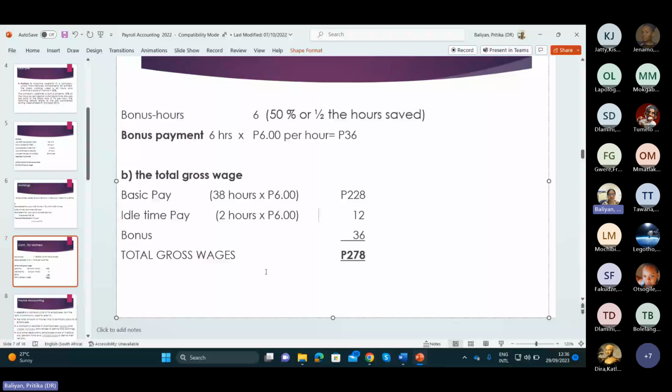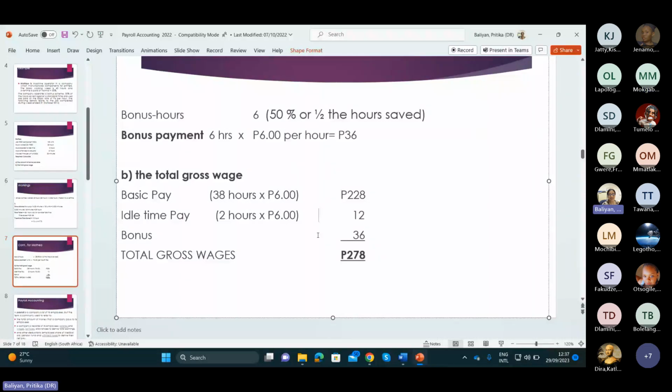And if there is any overtime, we add for the overtime if he worked beyond the normal working hours. And bonus, we also calculate based on the time, because he took less time for the unit he produced, which is supposed to be produced in 50 hours.